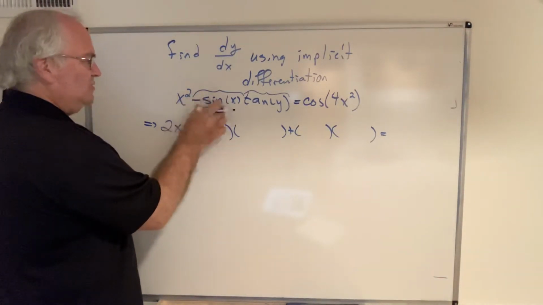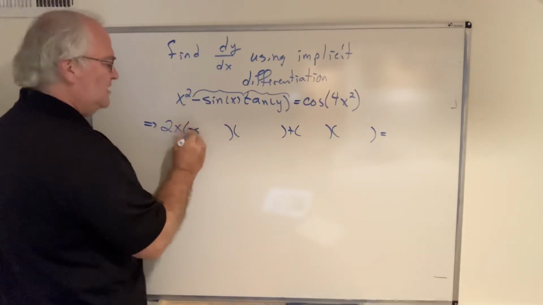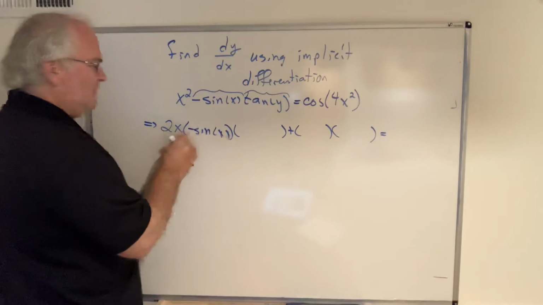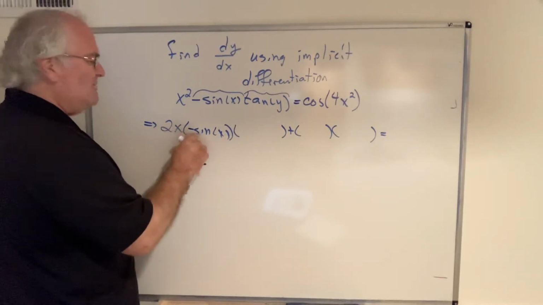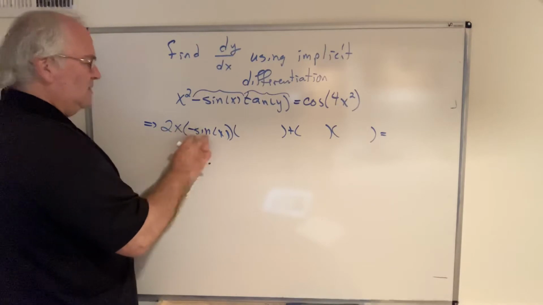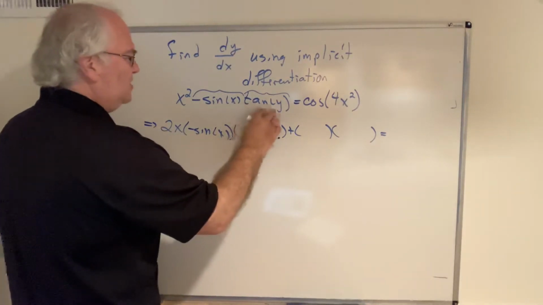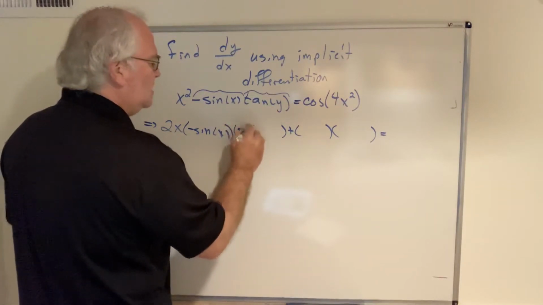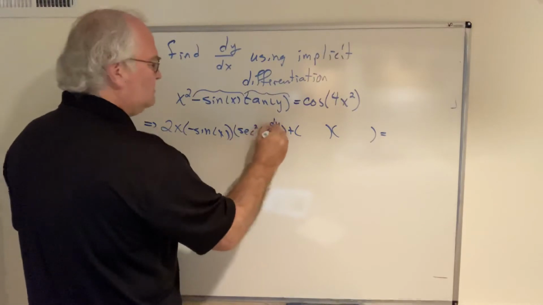Remember, the negative goes with the value behind it. So copy paste negative sine of x. Everything here is multiply. So this is 2x times negative sine of x, first times derivative of the second. The derivative of tangent of something is secant squared of that something, but then we need dy dx.